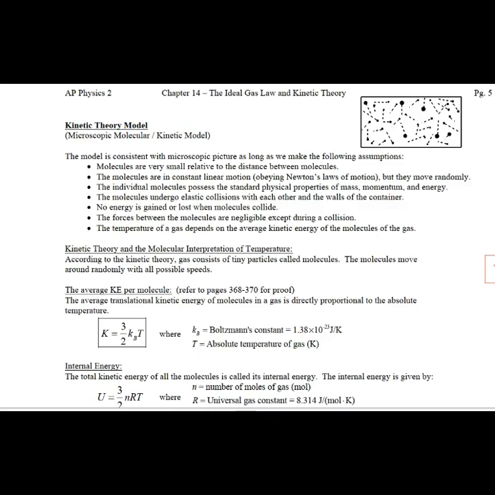So hopefully you can see that from this derivation, we've shown that the temperature of the gas depends on the average kinetic energy of the molecules of the gas. And we've derived this expression for the average kinetic energy is equal to 3/2 times the Boltzmann constant times the temperature in Kelvin.